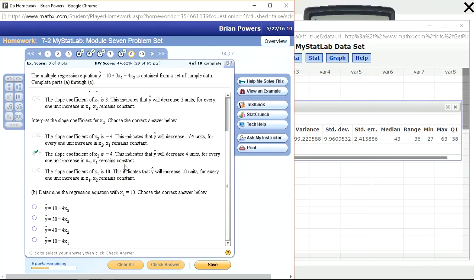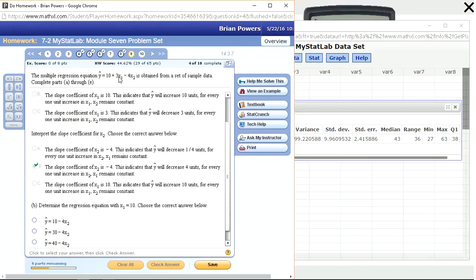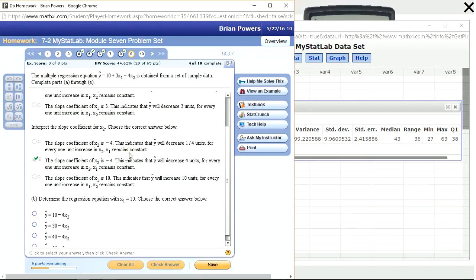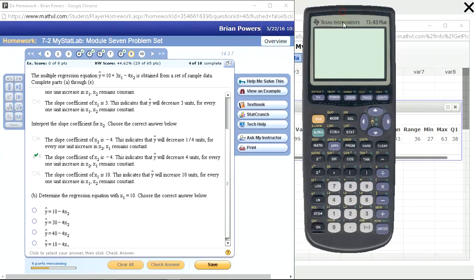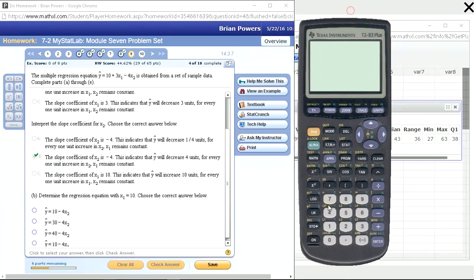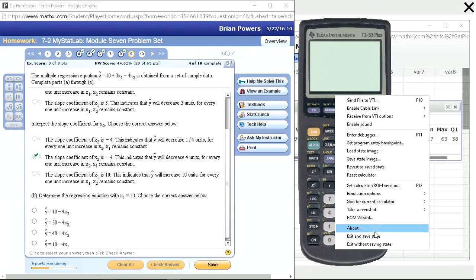Okay, now what if x1 is equal to 10, then what is this regression line? Let's power on our calculator.